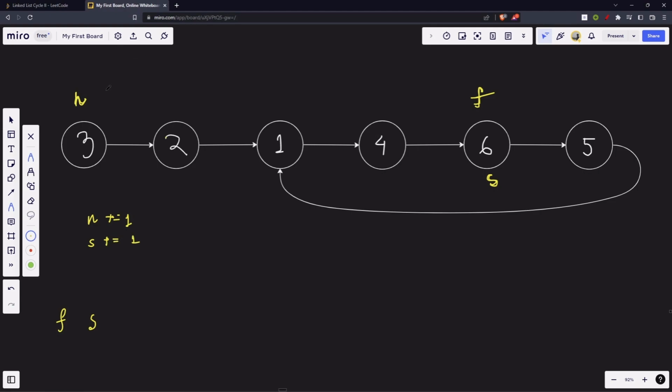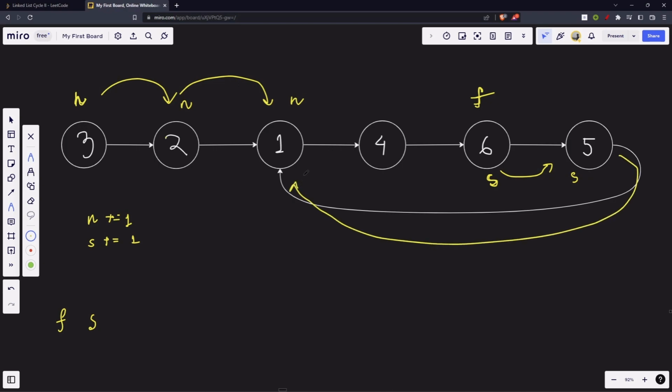This will first come here, then slow will move here. Then this will again come here, and slow will come here. So what do we see? Slow and this pointer which was at the head, they have met again. Now this meeting point is going to be the starting of our cycle. This is going to be our answer.